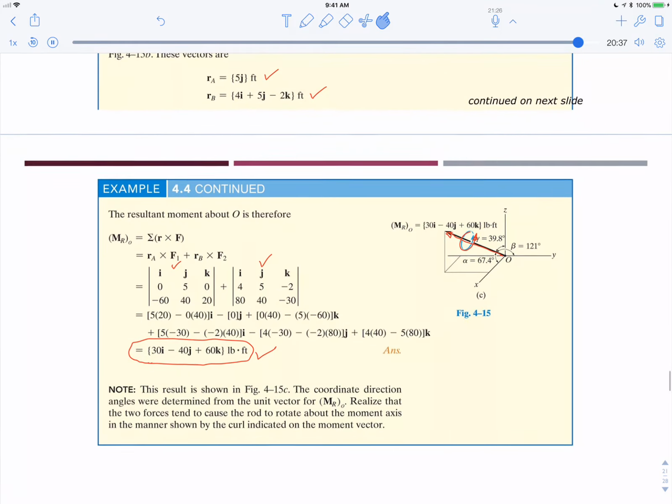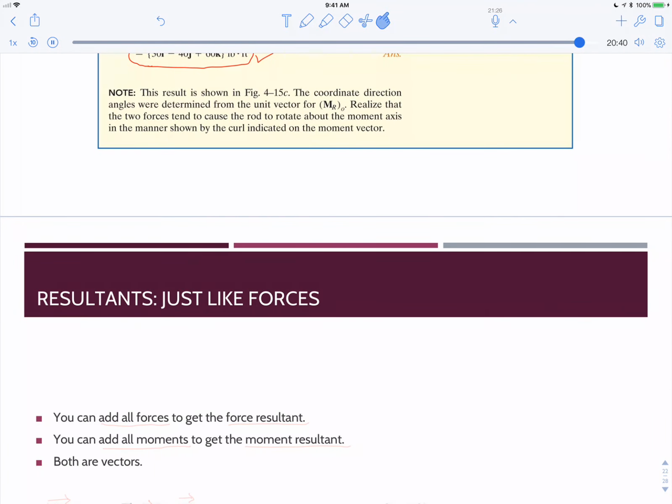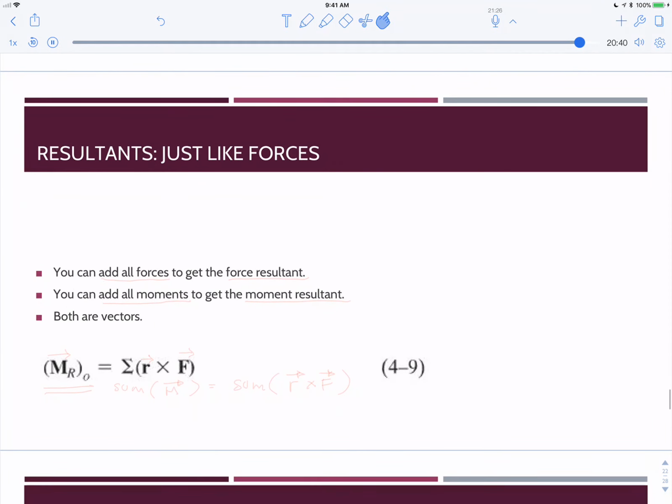And the last concept before we do some examples is that you can get a resultant moment just like you have resultant forces. Remember, we added all the forces and we said that's the force resultant. Well, you just add all the moment vectors and that's called the moment resultant. Both are vectors. There's the force vectors and the moment vectors.